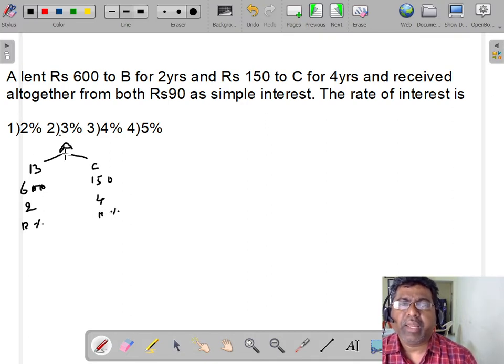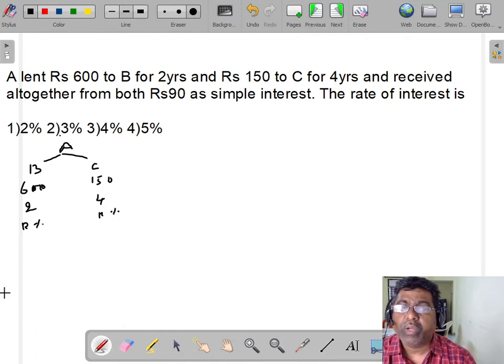So A is giving to B and C. For B he gave 600 rupees and for C he gave 150 rupees. Time is 2 years here, and time is 4 years here. The rate is the same for both persons. But from both of these together, the interest is 90 rupees. What is the formula for interest?